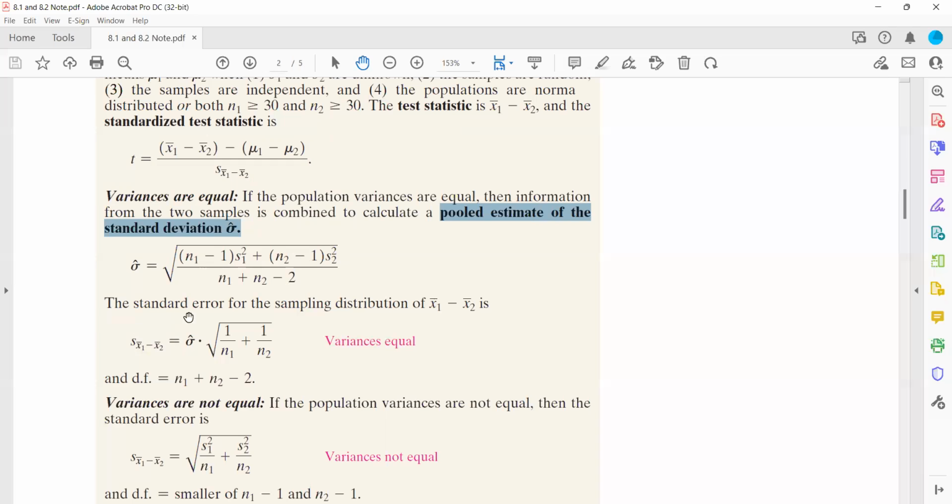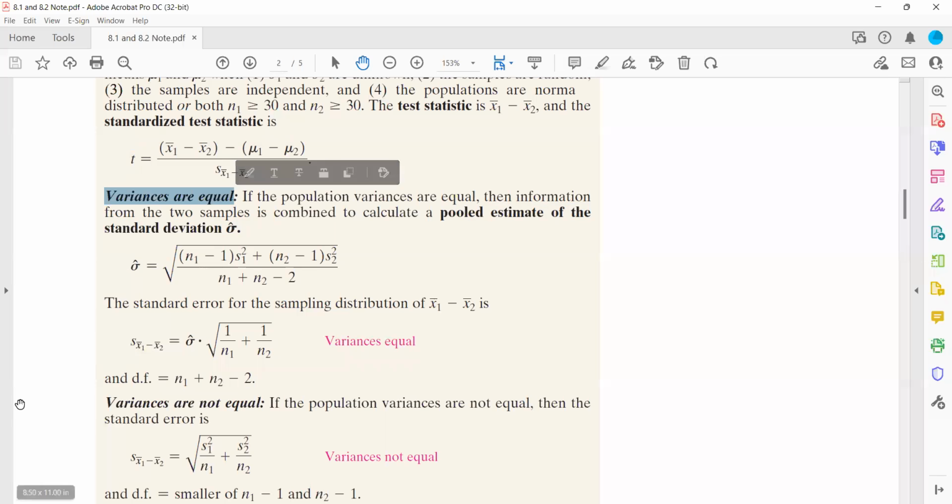The standard error for the sampling distribution of the difference between sample means is going to be sigma hat, divided by the square root of 1 over n1 plus 1 over n2. Remember that since we are using t, we have to find the degrees of freedom, which is n1 plus n2 minus 2. Again, this is the case where the project says variances are equal to each other. From past studies, they know that the variances are equal.